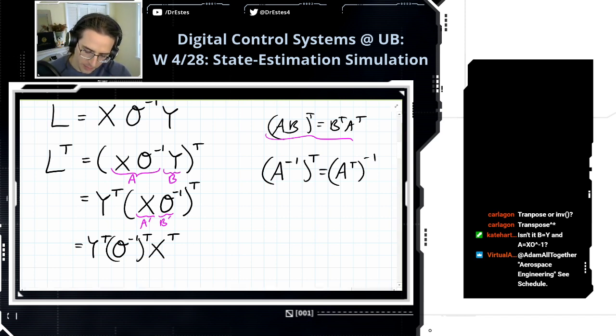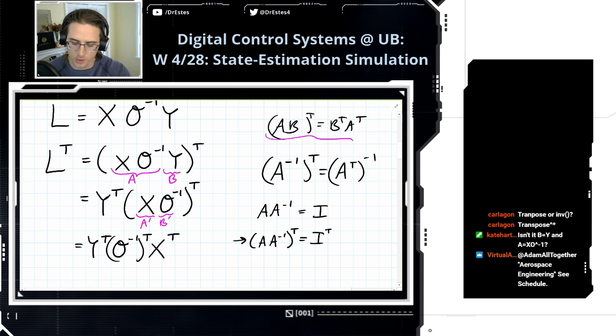And I guess you could prove that because you could say A times A inverse, we know that's the identity matrix. That's just the definition of an inverse. What if we took the transpose of this? So I know that above is true. If I take this, then I'll have the transpose of the identity matrix, but that's still the identity matrix.